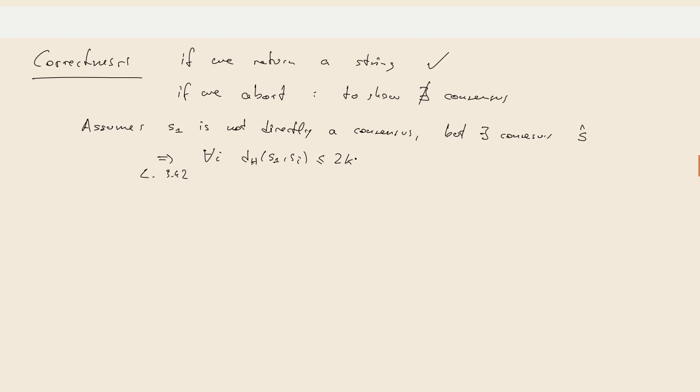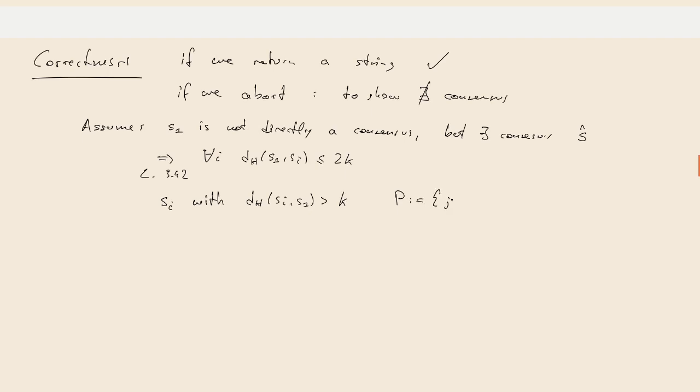Now we consider all the positions for some of these as I, so that we have more mismatches than we allow. Let's consider this set P of all mismatch positions.